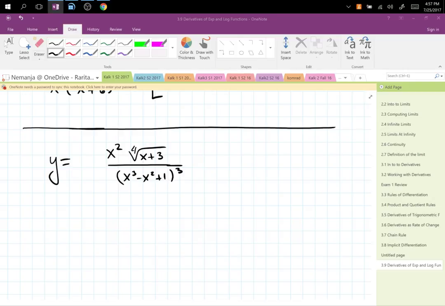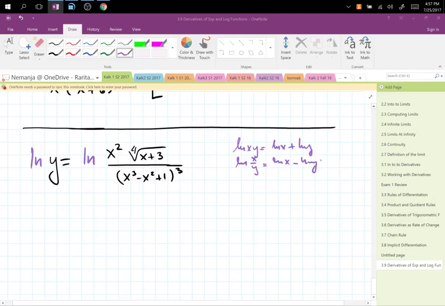If you want to find the derivative of something like this, you apply ln to both sides. And this is where those formulas kick in: ln xy equals ln x plus ln y, ln x over y equals ln x minus ln y, and ln x to the p is equal to p ln x.